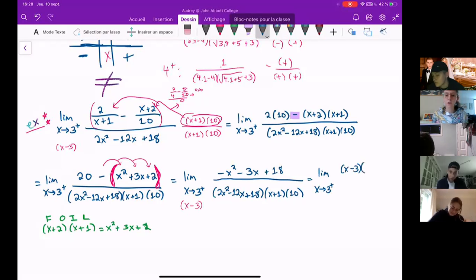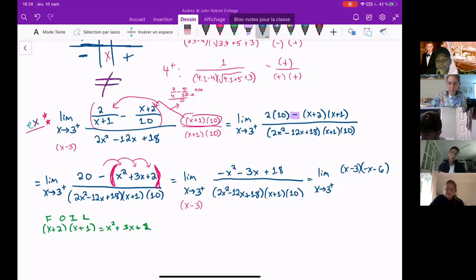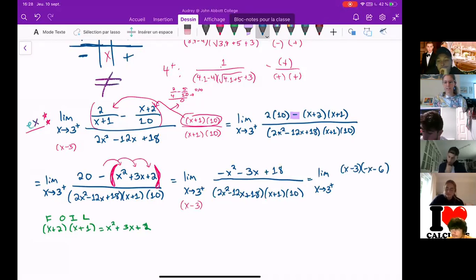When I factor it out of the numerator, what does my other factor have to be? Negative x minus 6. You got it. What do I multiply x by to get negative x squared? Negative x. What do I multiply negative 3 by to get positive 18? Negative 6. There we go.